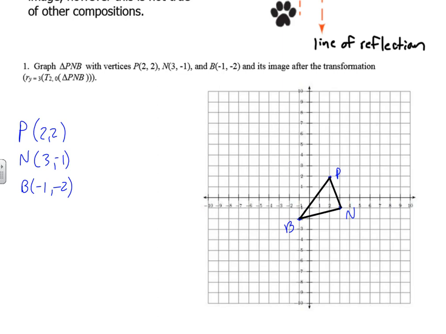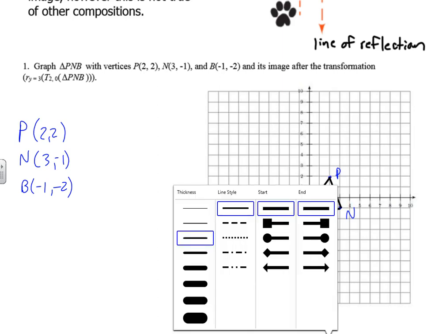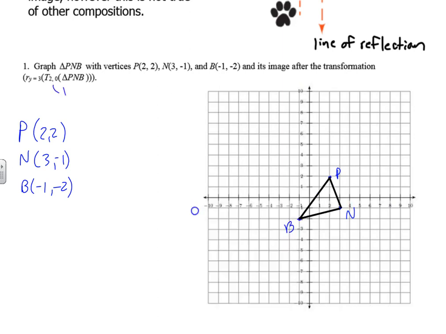There's our starting triangle. Now the challenge for us is to figure out what we need to do first and identify that. This is what we're going to do first, this is what we're going to do second.